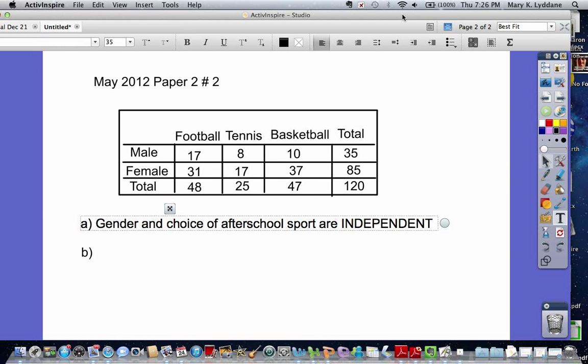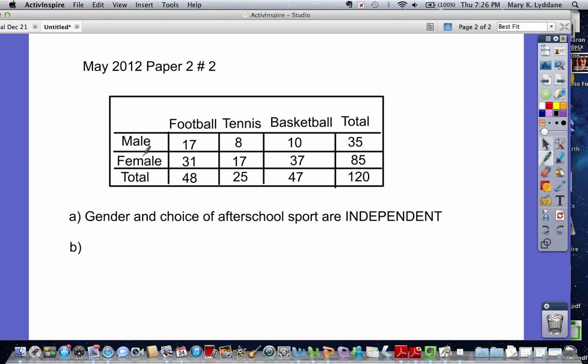In the next part of the problem, in part B, it says find the expected value of female footballers. So remember that to calculate an expected value, we do row total times column total divided by total total.